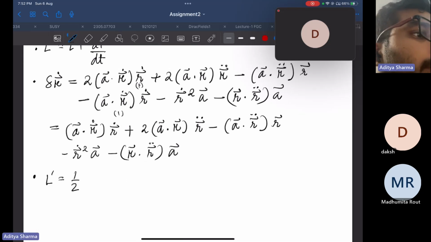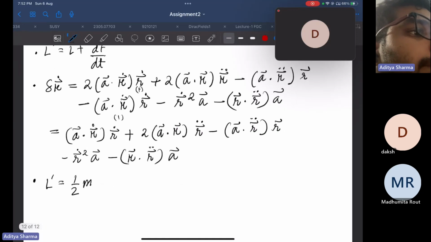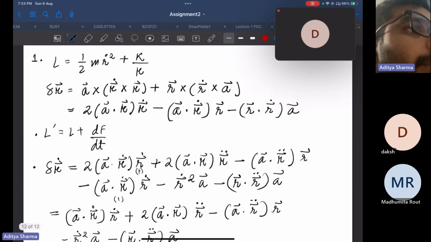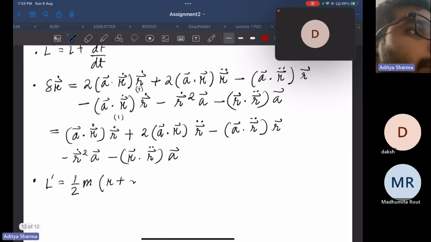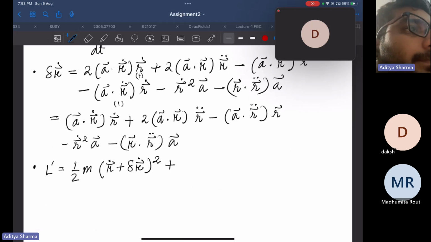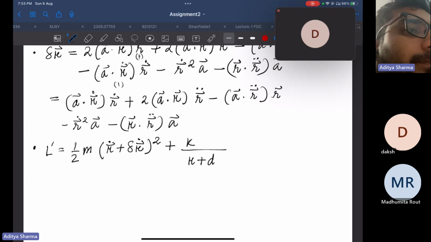So L prime is equal to half m r dot square, r plus r dot r dot plus r dot square plus c by r plus r.